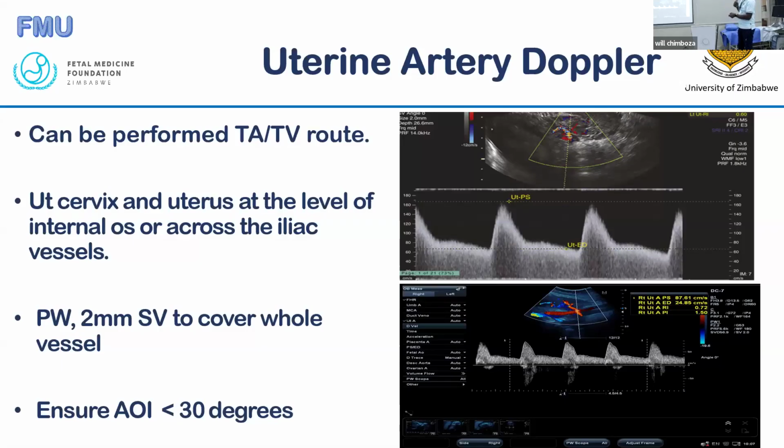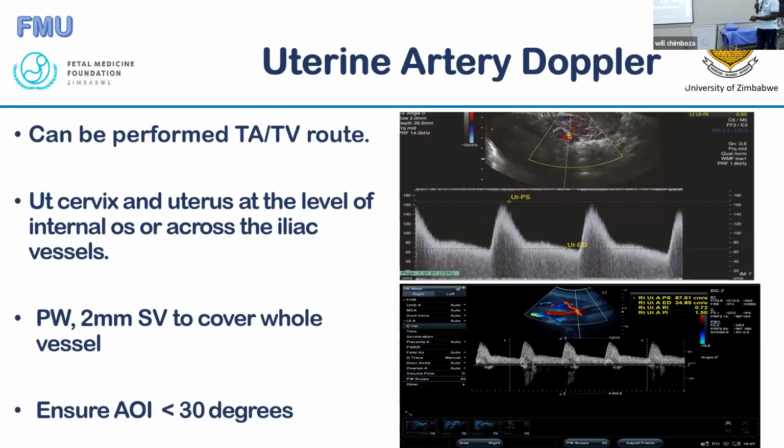And this top one, that's a normal waveform of the uterine artery. So for you, even before you measure, just by eyeballing, you should be knowing that this is a low resistance vessel when it's normal. So what happens? The peak systolic and the end diastolic ideally should be close to each other. There should be a high velocity in the diastolic flow when it is normal.